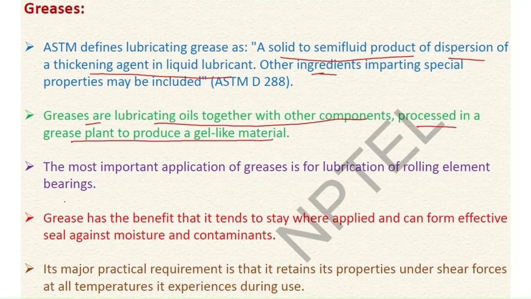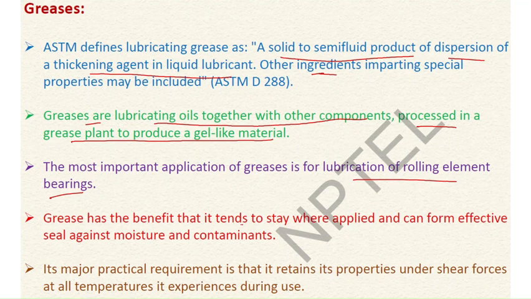The most important application of grease is the lubrication of rolling element bearings. Basically, where two moving machine parts are involved, with a small rolling element in between them, lubrication is required and grease is used.